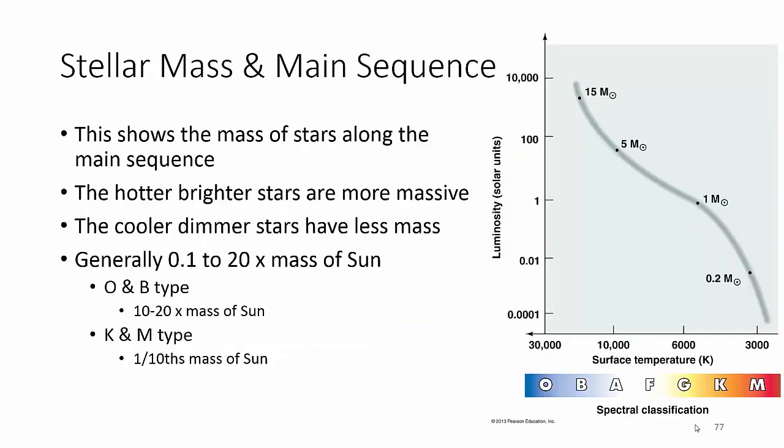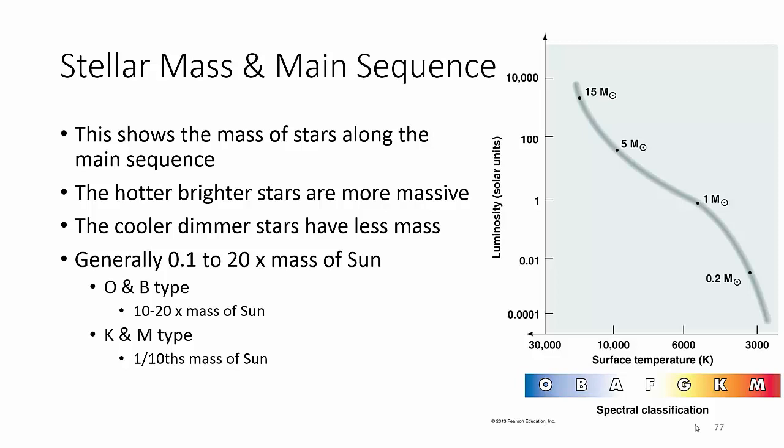And back to the HR diagram, right? Now this will give us the mass. It's an amazing graph, right? So if it's along the main sequence, it can give us the mass. If it's lower than the sun, right? So the sun is 1 stellar mass. If it's lower than the sun, it's going to be less massive.